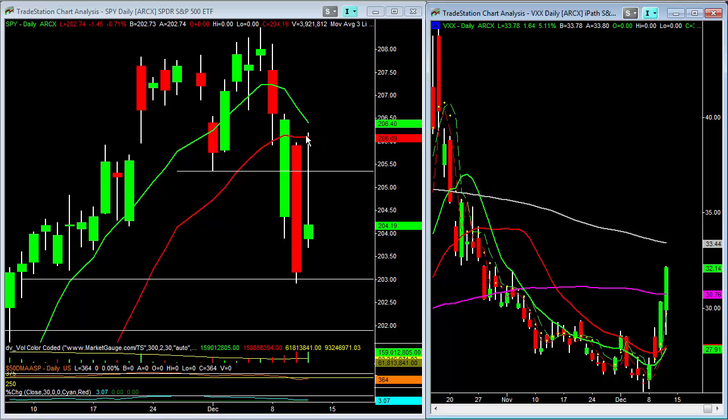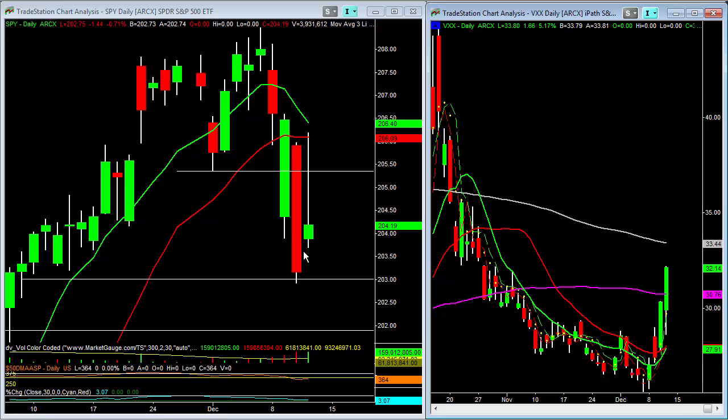Now, I'm not suggesting that's exactly how you should trade with your stops, but the reason I'm saying this is it's easier to be short because the VIX right now is just getting going on the upside because it's responding to increased volatility. So as long as there's increased volatility up here in the SPYs, VIX is going to tend to stay up.